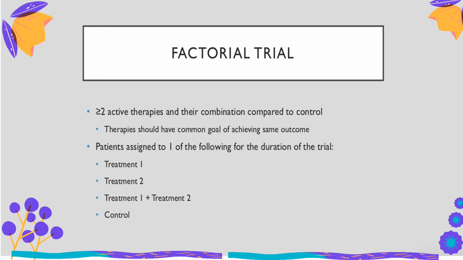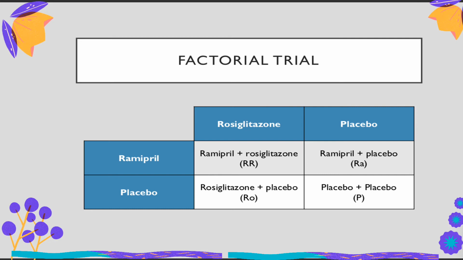Patients are assigned to one of the following for the duration of the trial: treatment 1, treatment 2, the combination of treatment 1 and treatment 2, and the control. This is an example of a factorial trial using ramipril and rosiglitazone.